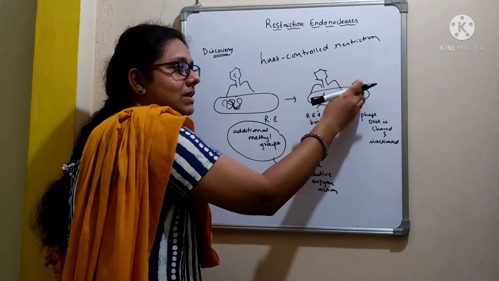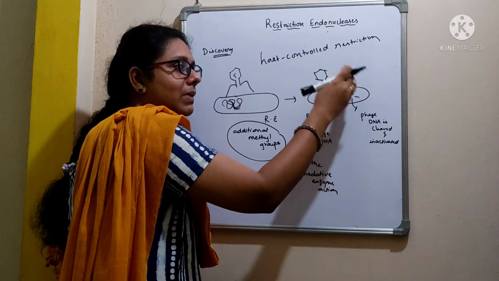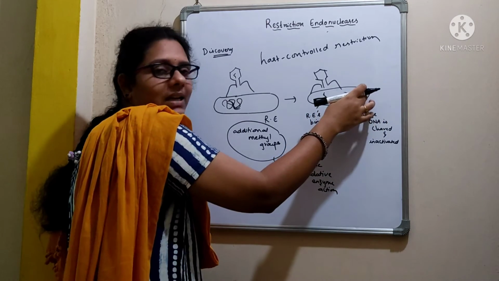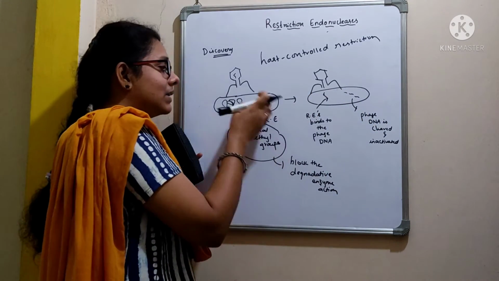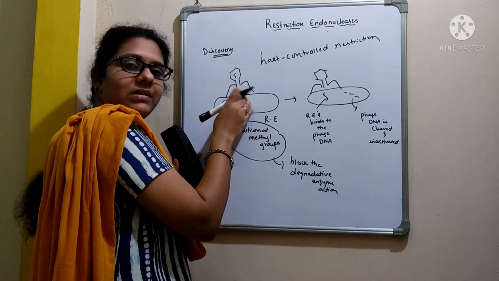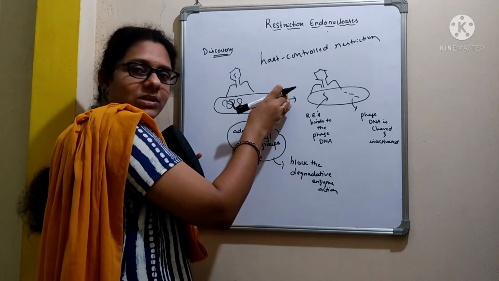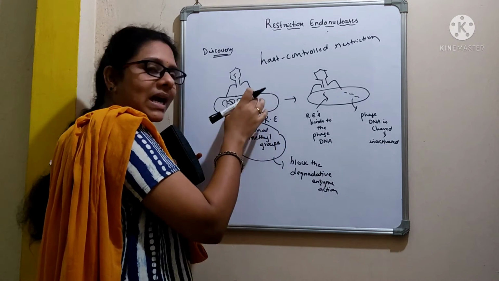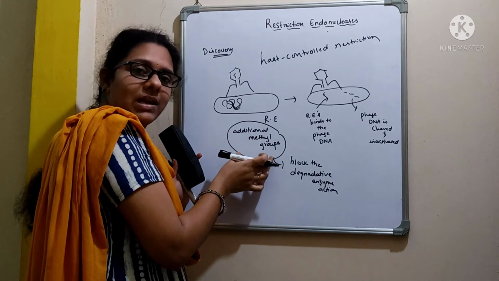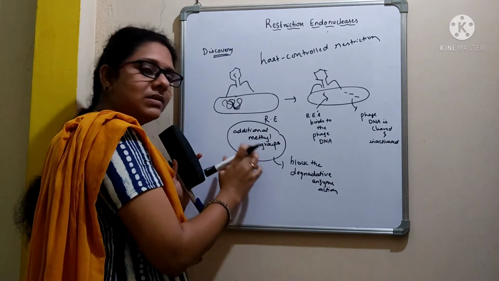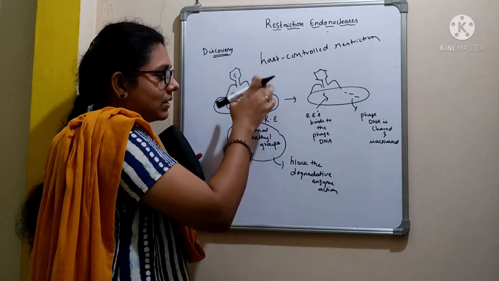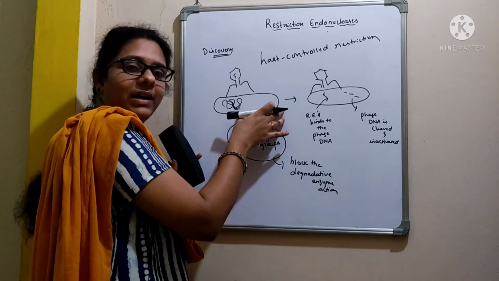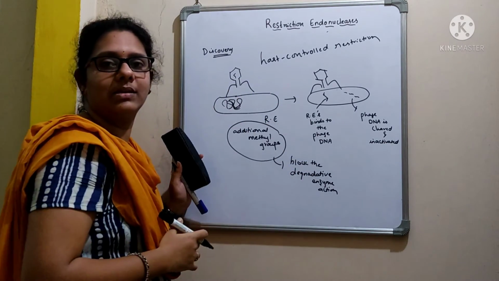And once this phage DNA is made into several fragments, it gets inactivated. But the bacterium's own DNA is not destroyed by these restriction enzymes. Why? Because the bacteria carry additional methyl groups. Due to the presence of these methyl groups, they block the degradative action of these restriction enzymes.